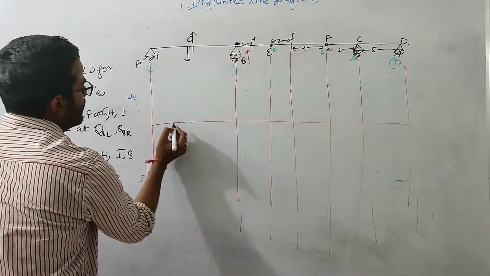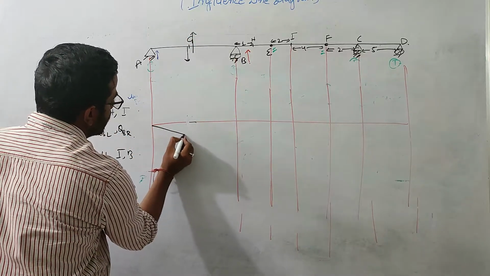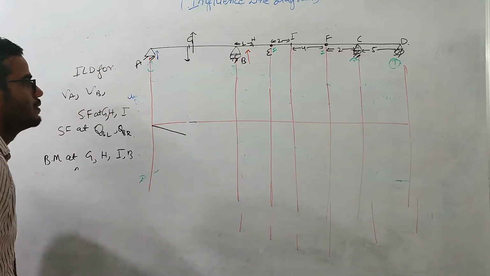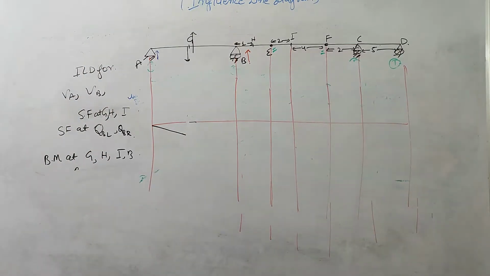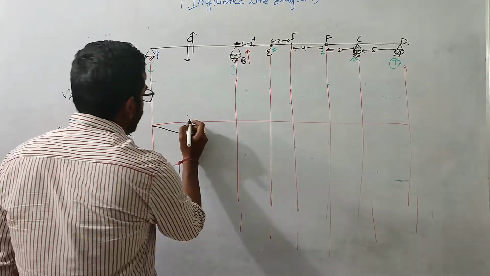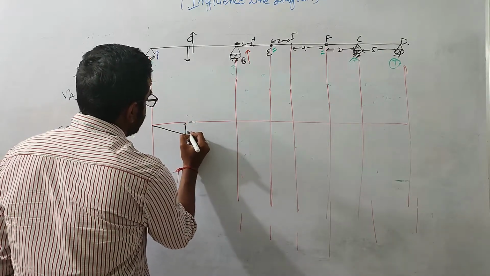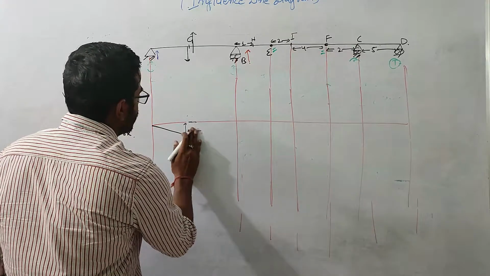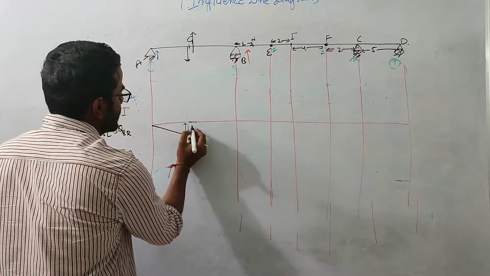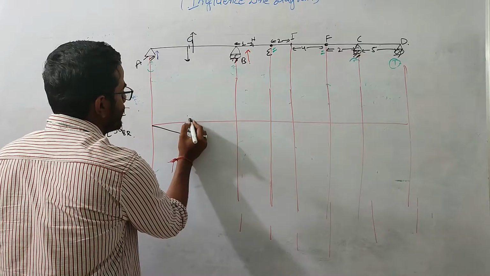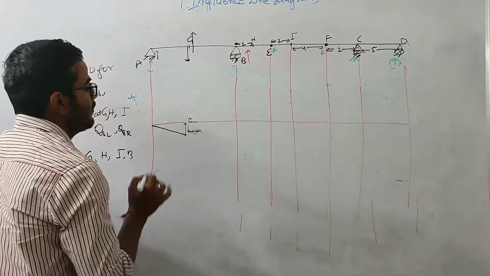For this AG portion, it will move down. Now you cannot say that this whole portion will be unit deformation. Why? Because if this is complete unit deformation, then the slope at this point and this point will be different.